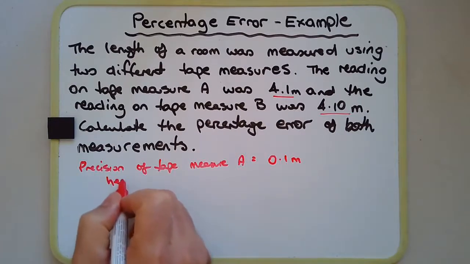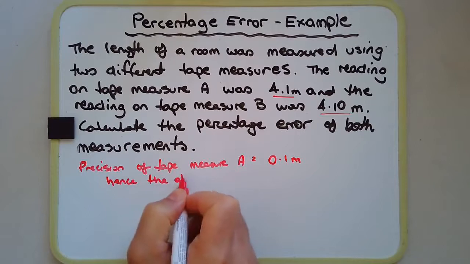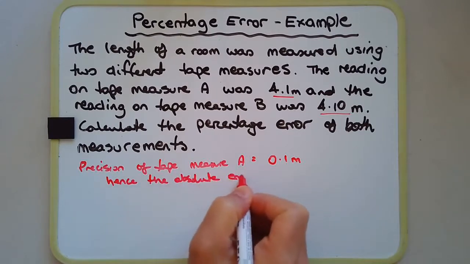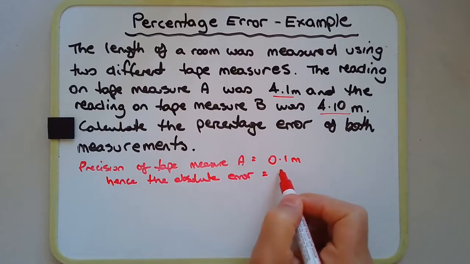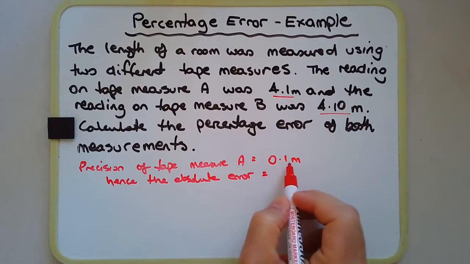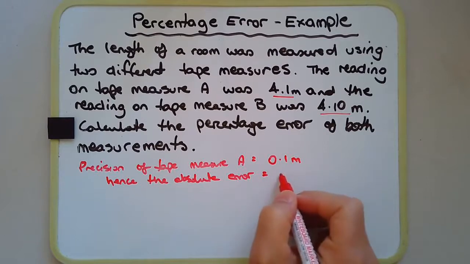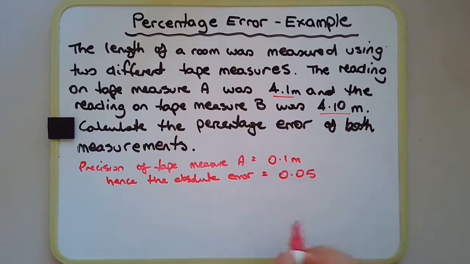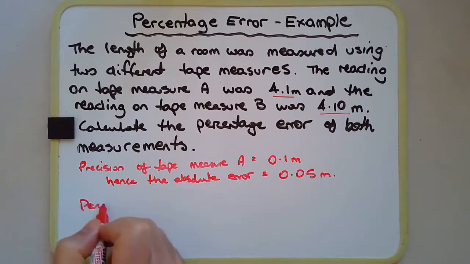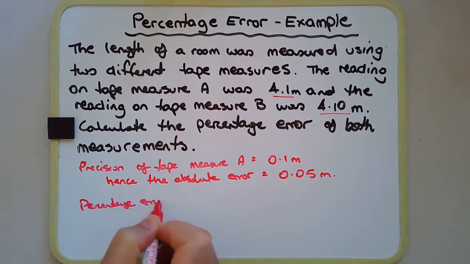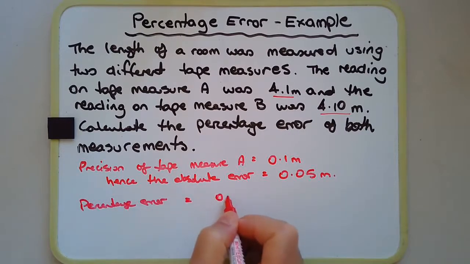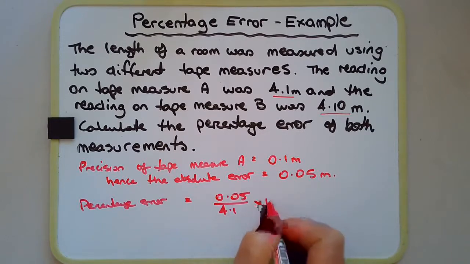Hence, the absolute error is plus or minus 0.1 times half, or half of the precision. So the absolute error is 0.05 meters. So what would the percentage error be then? The percentage error is equal to the absolute error, 0.05, over the measurement, which is 4.1, multiplied by 100.